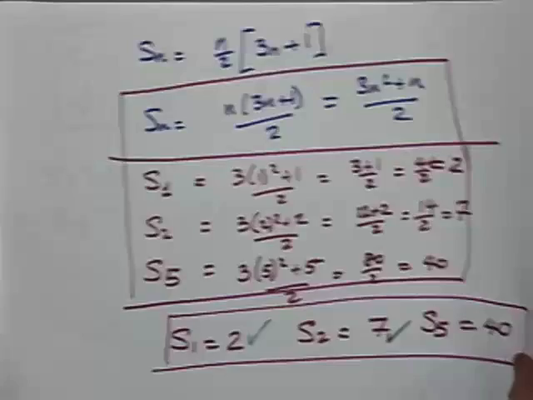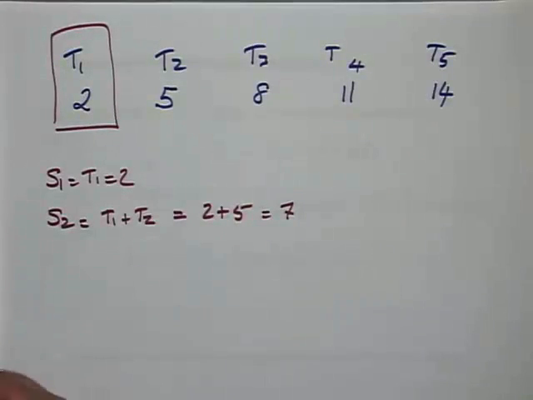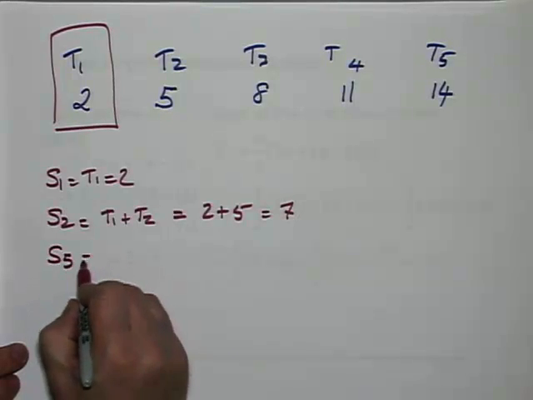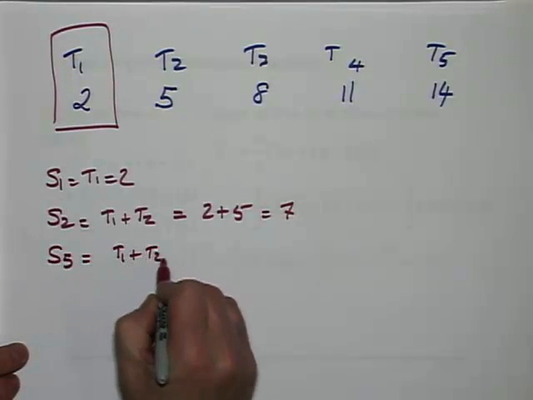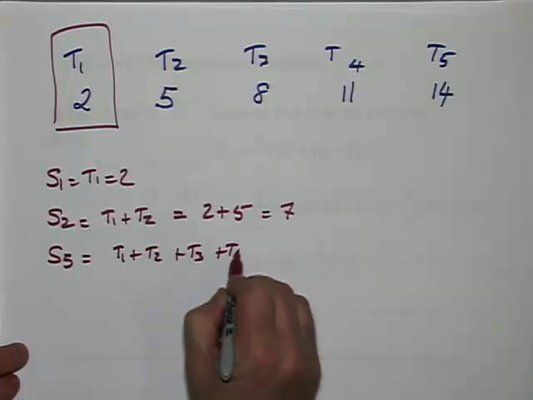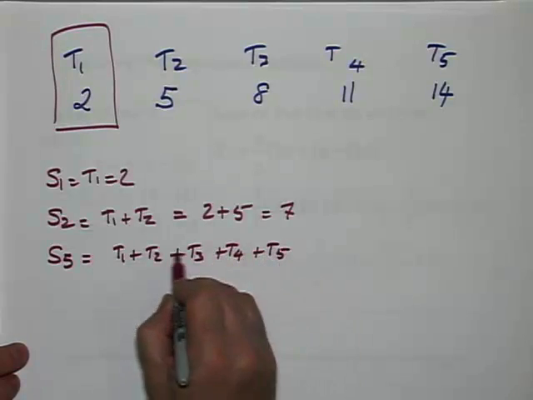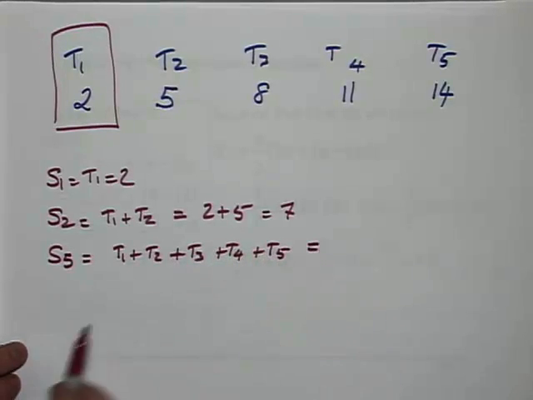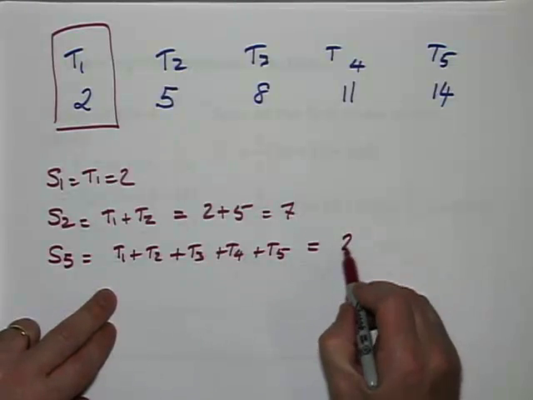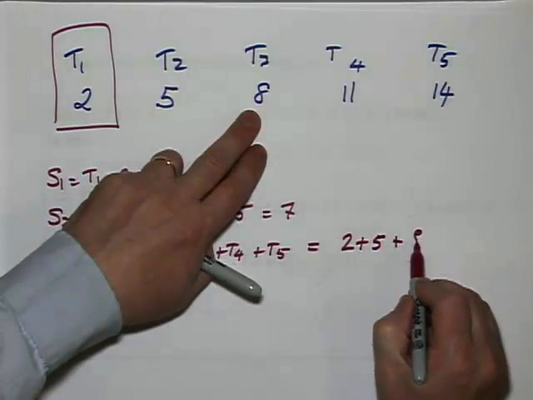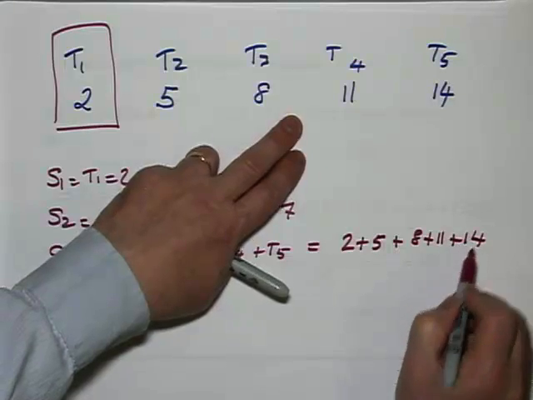And now let's look at S5. S5 is defined as T1 plus T2 plus T3 plus T4 plus T5. That looks as if it's 2 plus 5 plus 8 plus 11 plus 14.